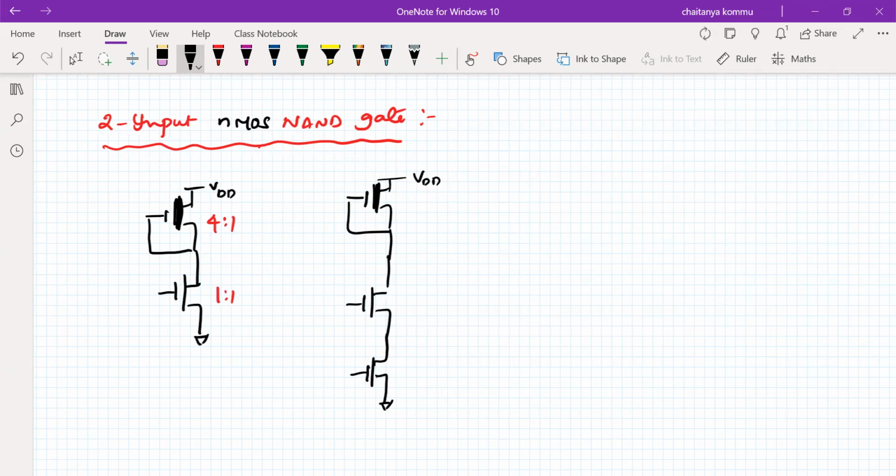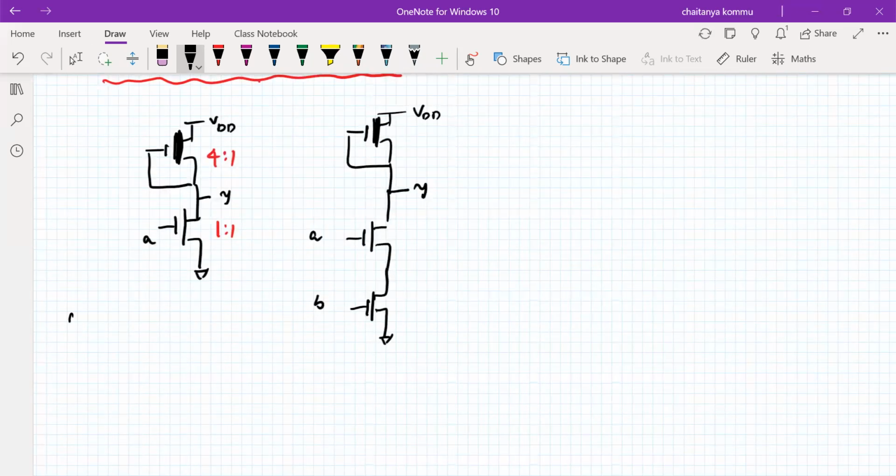Since we have to talk about output ratio, why is it ratio logic? Because when we apply A equal to 0, output Y is equal to VDD without any problem.